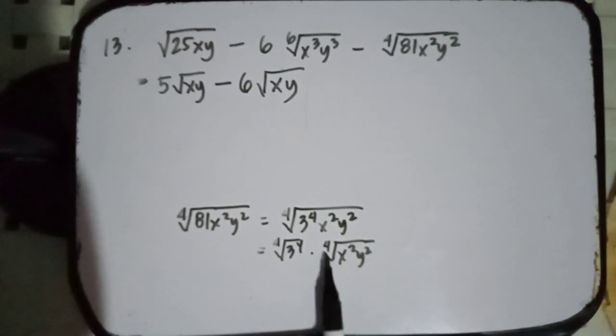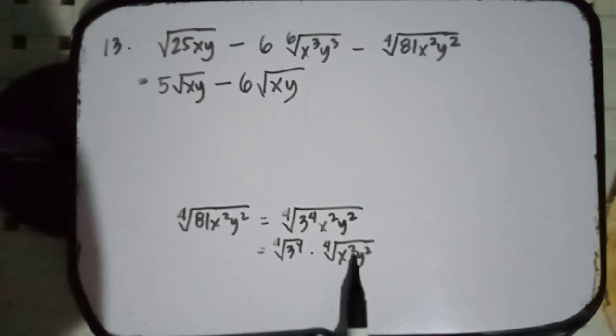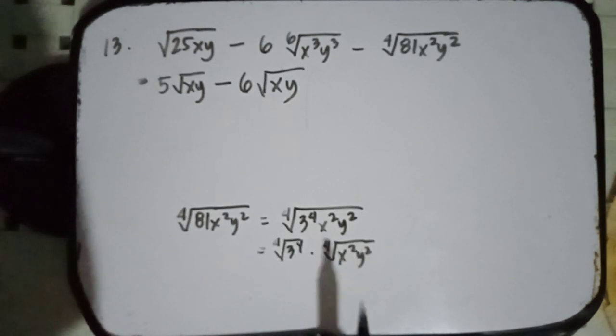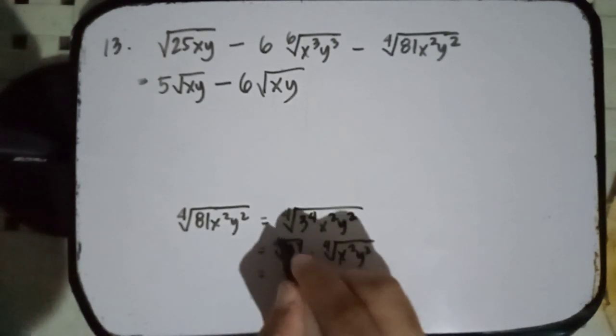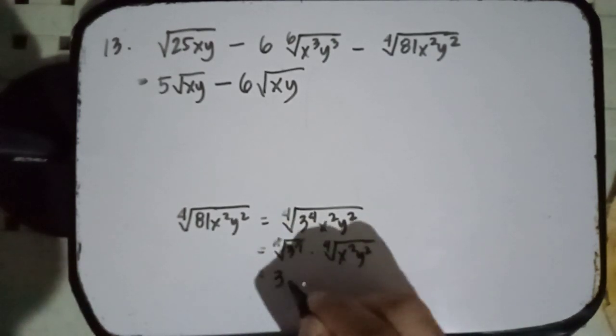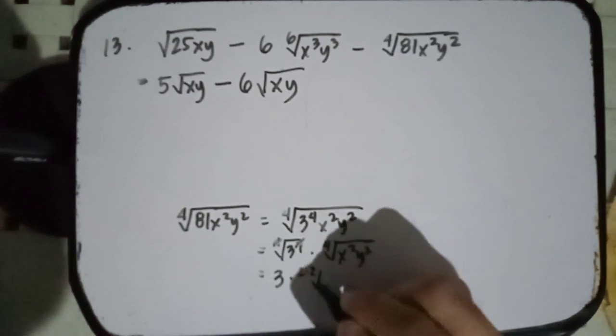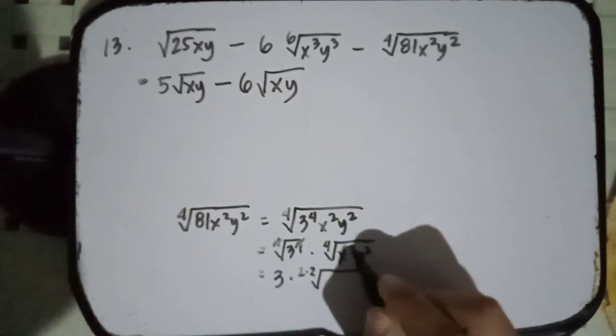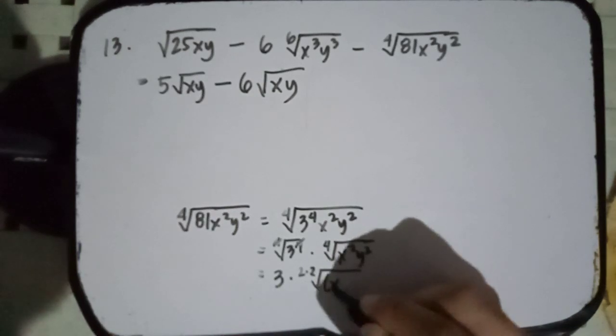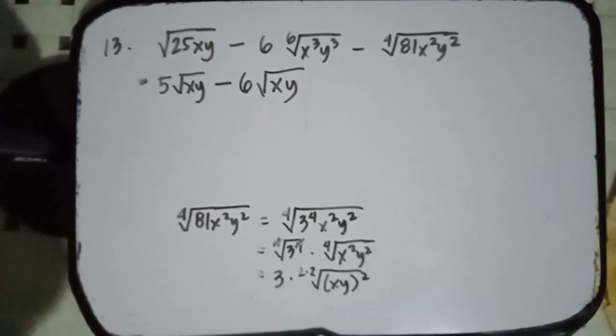Okay? So, sa part na ito, pwede pa natin i-reduce yung index because they have their common factor. So, magiging 3 na lang siya. Times 4, magiging 2 times 2, then root of, then ilabas natin yung 2. So, xy squared.